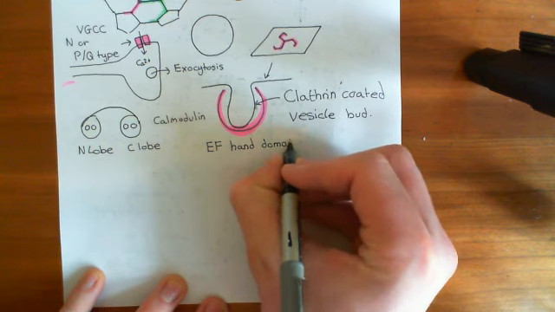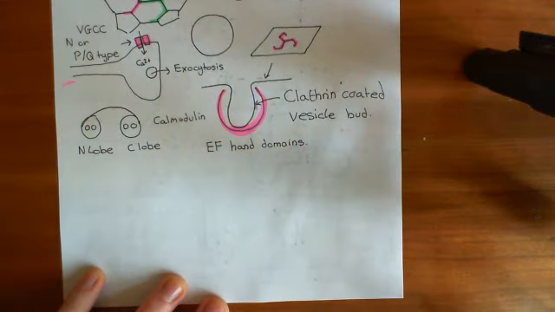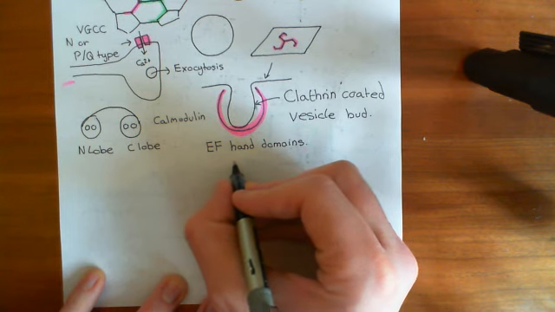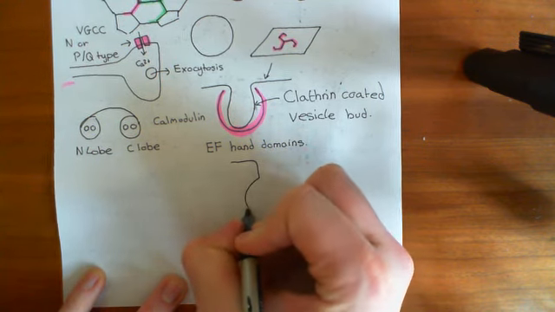Okay, now I want to give you some insight at least into what an EF hand domain actually is. So an EF hand domain is a type of structure that you can have within a polypeptide or a protein which is capable of binding calcium basically, and roughly its structure looks like this.